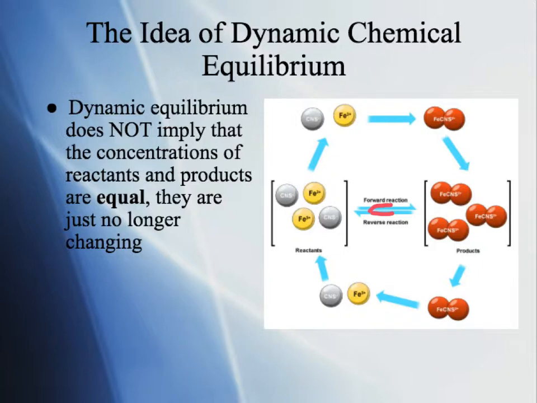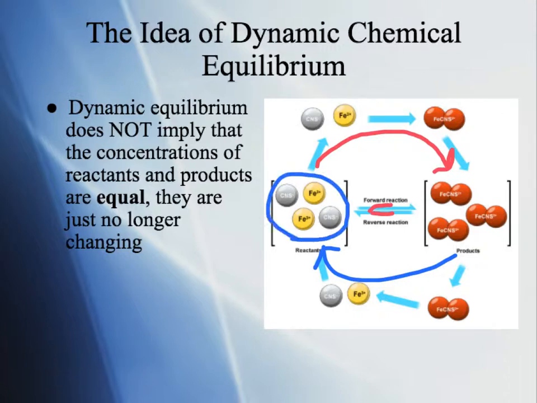So here's an example of a chemical reaction in equilibrium where we've got the same rate of going in the forward reaction as we do going in the reverse reaction. So although it doesn't look like anything is going on, we're always going to have the same amount of reactants and the same amount of products, but they might not necessarily be equal.